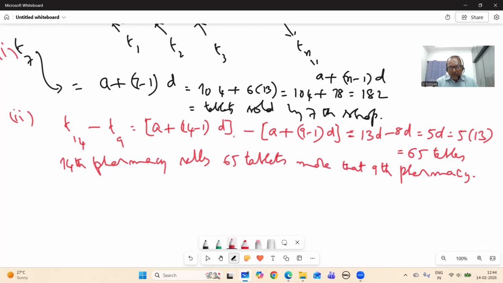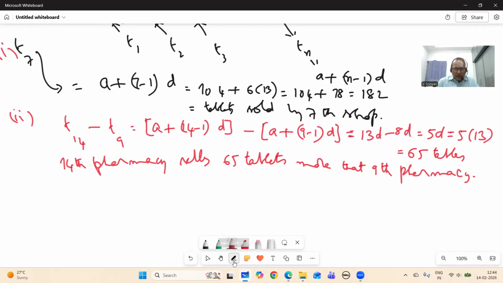T14 is A plus 14 minus 1 into D. T9 is A plus 9 minus 1 into D. A cancels. We are going for the difference. More means we have to look at the difference. So this is 13D minus 8D. D is common, 13 minus 8 is 5. So it is 5D, D is 13, so it is 65 tablets.